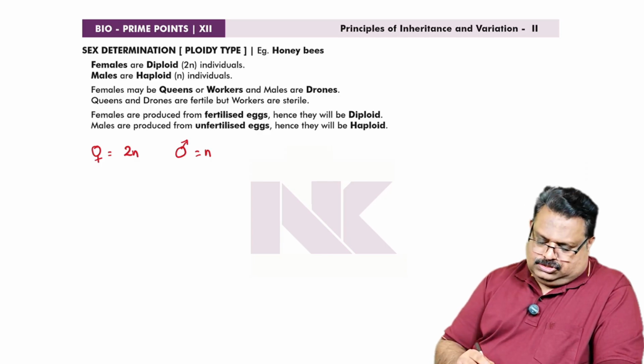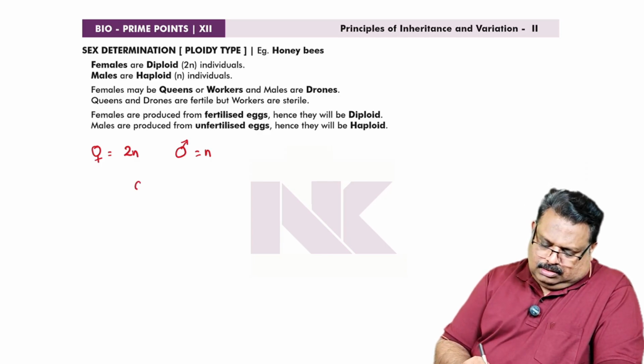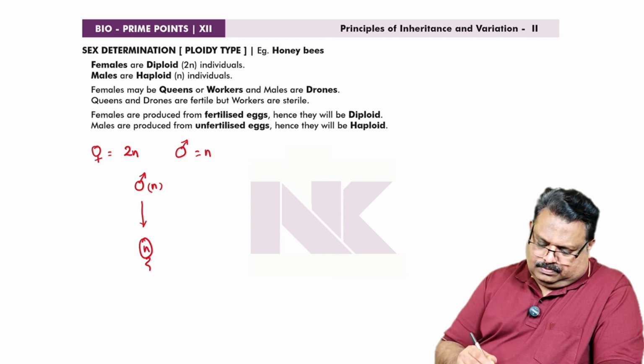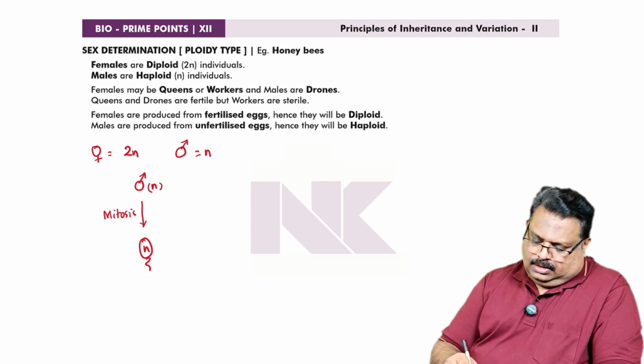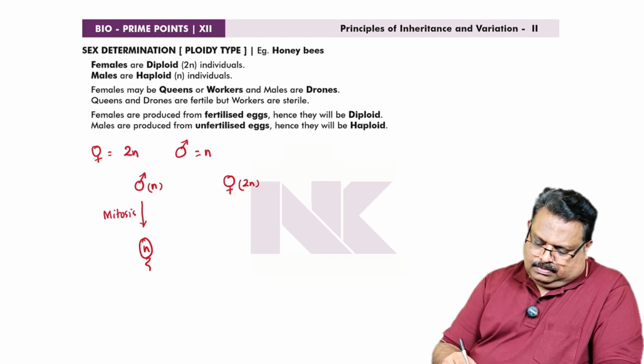So how does this happen? The male organism is haploid, and produces haploid sperms by mitosis. The diploid female organism produces haploid ovum by meiosis.